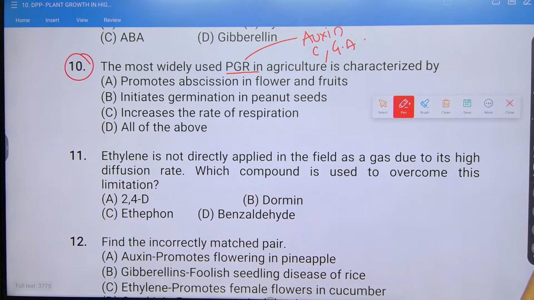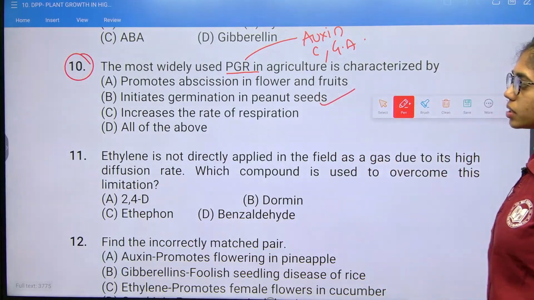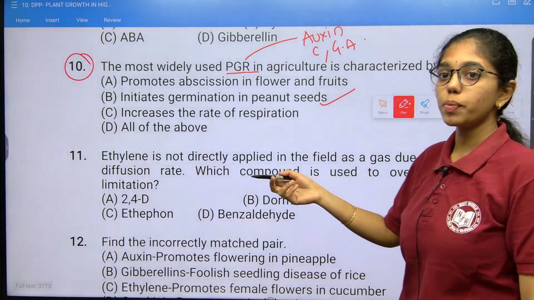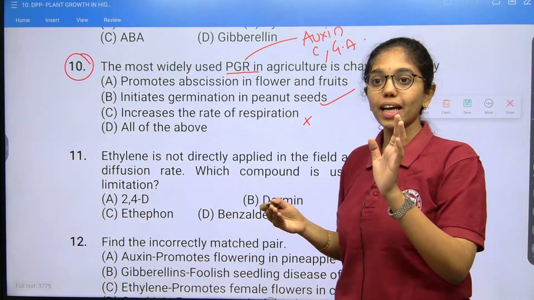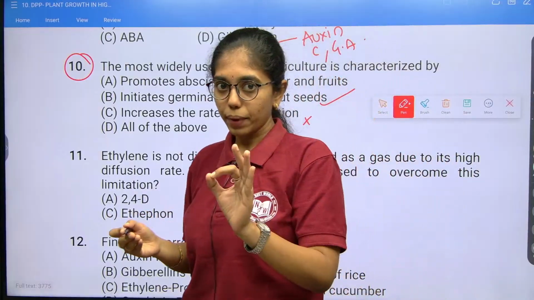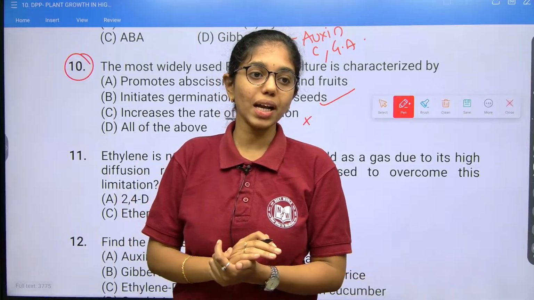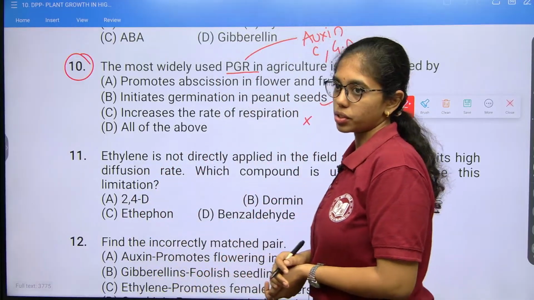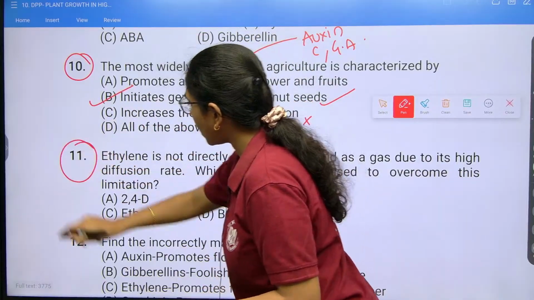Promotes abscission in flowers and fruits? No. Initiates germination in peanuts? Increases rate of respiration? No. What increases rate of respiration? See, at the time of fruit ripening, respiration rate increases, which is also known as climacteric respiration. Okay. So, what is the right answer? 11th question beta.